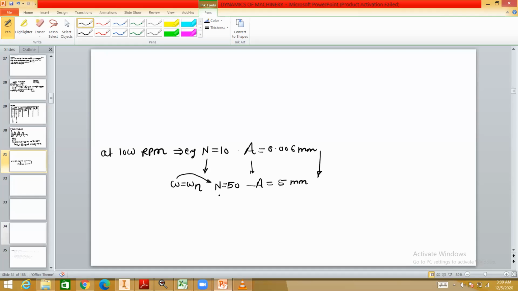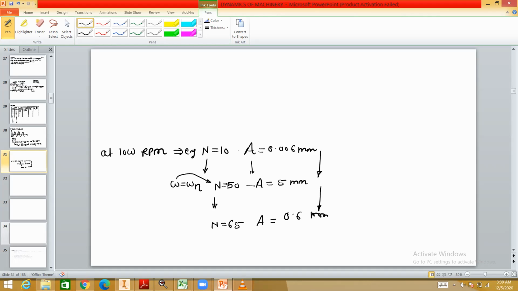Then if we further increase the rpm to 65, again you can observe the change: A suddenly becomes 0.6 mm. So the displacement or amplitude is decreasing with increase in the RPM.